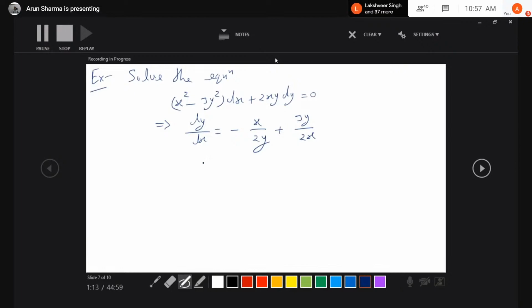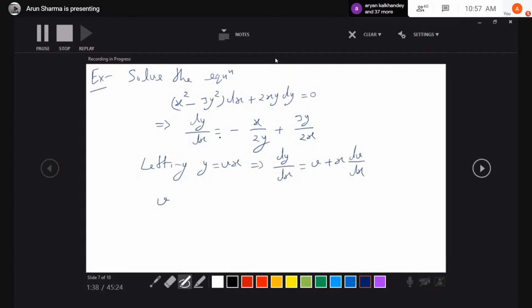So if you substitute y equals to vx, letting y equals to vx, this will convert dy by dx into v plus x dv by dx.